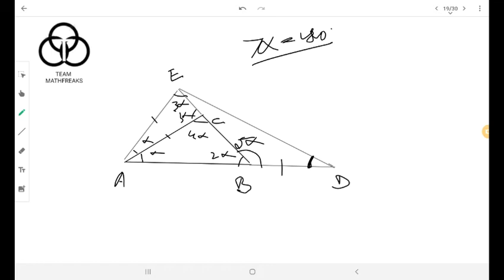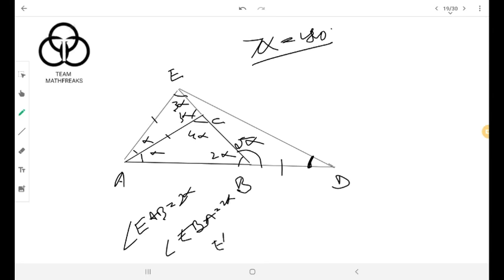Some would say that, sir, this is an isosceles triangle. But why or how is this an isosceles triangle? You just see, angle EAB is twice alpha. Angle EBA is also twice alpha.